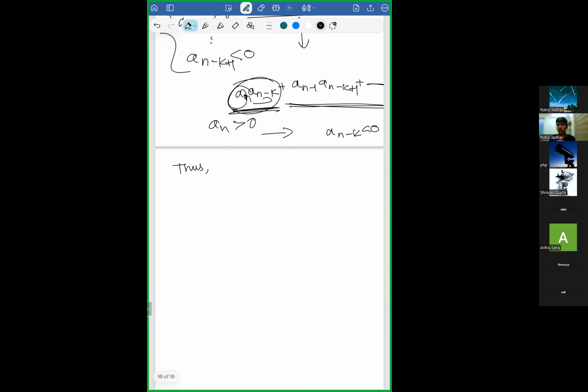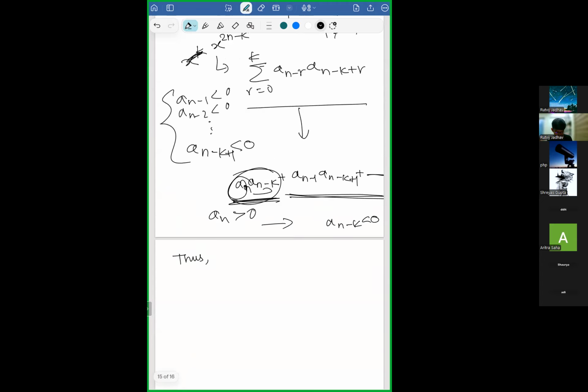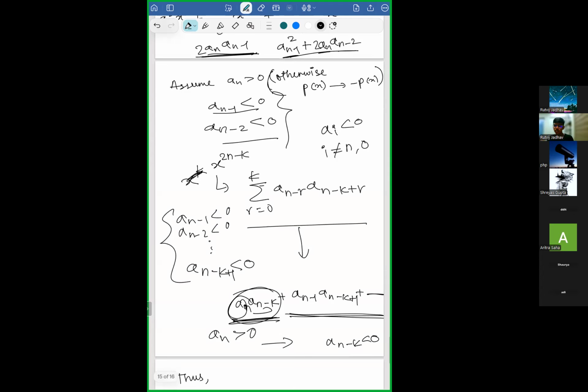So till when will this induction last? Can someone tell, like when will it end? K equals n. No, we started from n minus one, right? We are going downwards, n minus one, n minus two. Now we proved for n minus k.